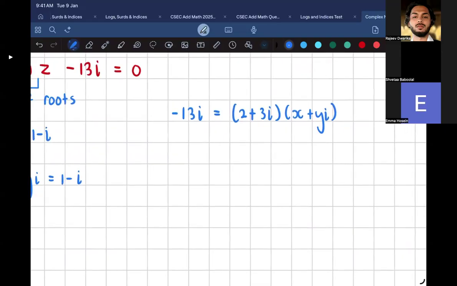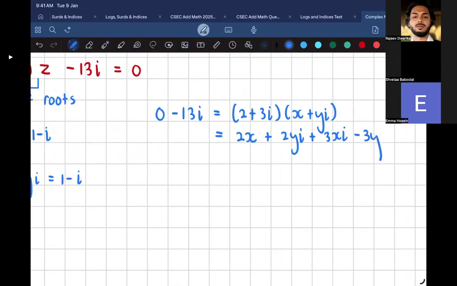I could also write this as 0 minus 13i. If I expand, it's going to be 2x plus 2yi plus 3xi, and it's actually going to be minus 3y.